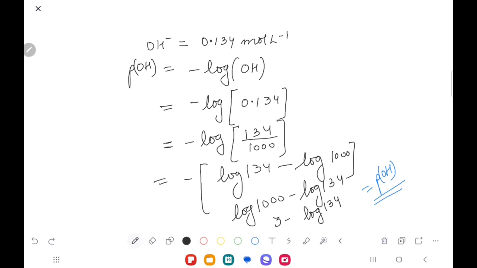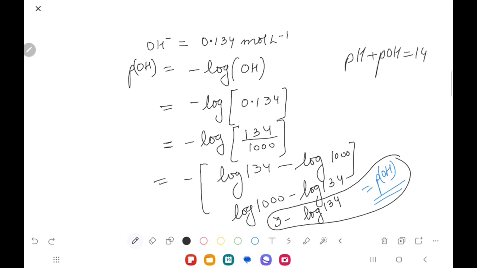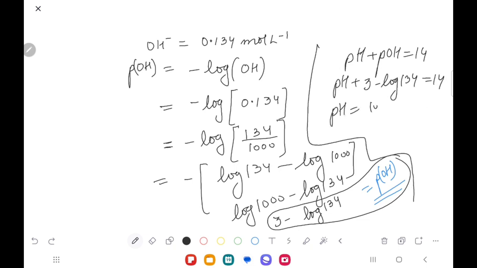Are you understanding, Shruti? Yes. Whatever this answer is going to be, I'm going to put it into this formula: pH plus pOH equals 14. So what is pH? I do not know. What is pOH? 3 minus log 134, and that is going to be 14. So pH is going to be 14 minus 3 plus log 134. So that is going to be 11 plus log 134. Yes or no?